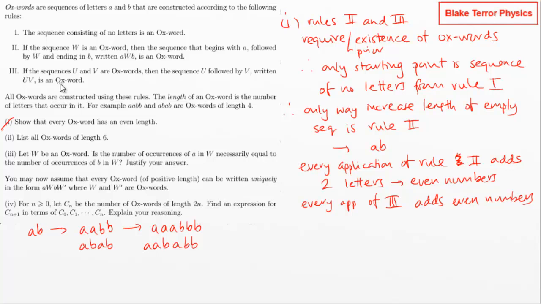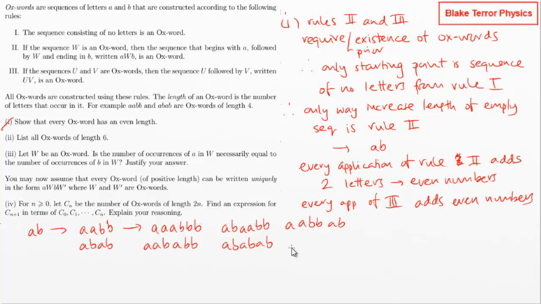Or we can use rule 3 and put an AB in front of or behind each one of these. So we're going to have ABAABB, we'd have ABABAB, we would have AABBAB.